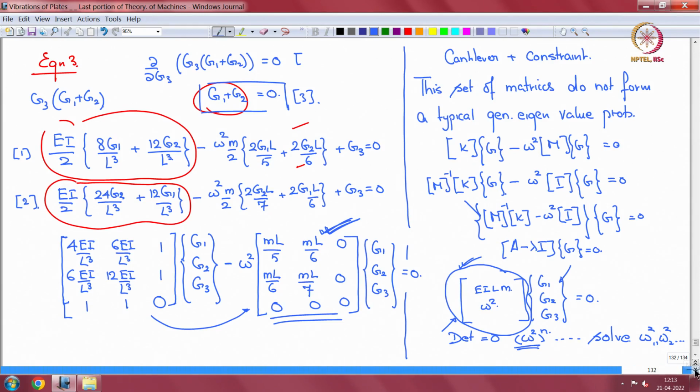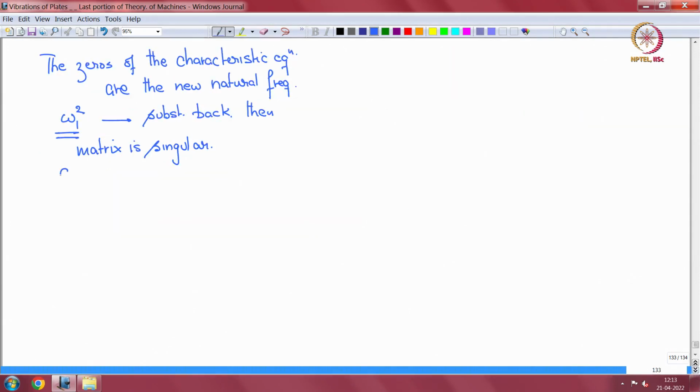Okay. So then you find G1, G2 and G3. At least one of them will be in terms of the others, not independent. So then you have G1, G2, G3 values. Then you go back to your f of x, which is a linear weighted sum of Gj, j from 1 to 2.